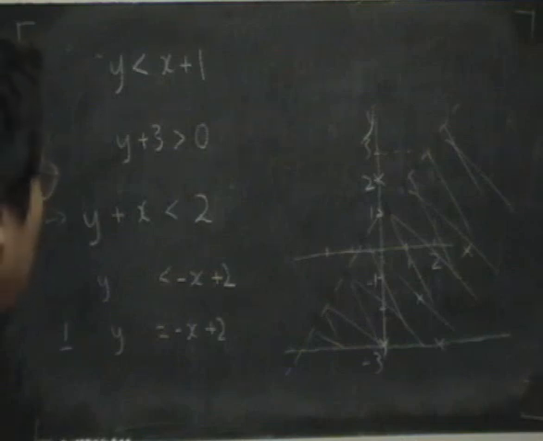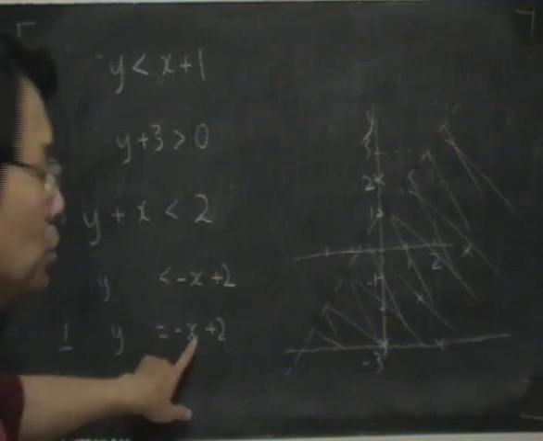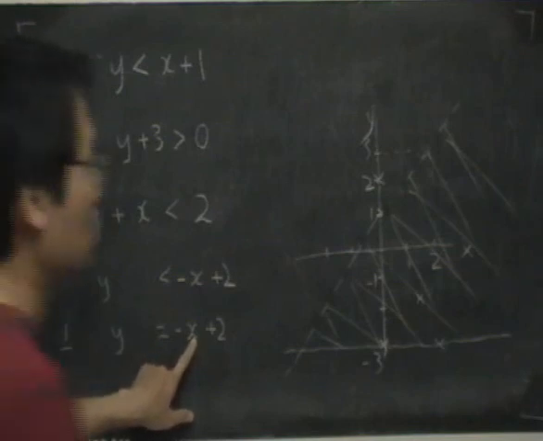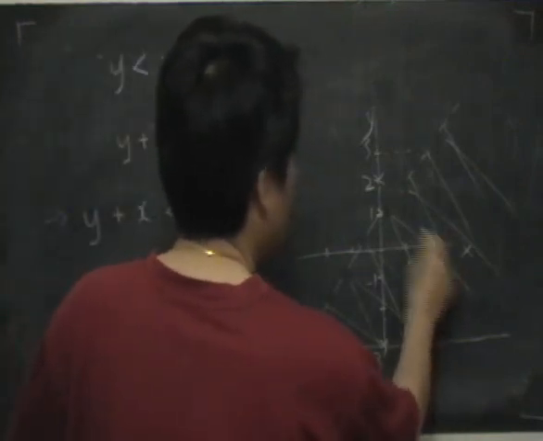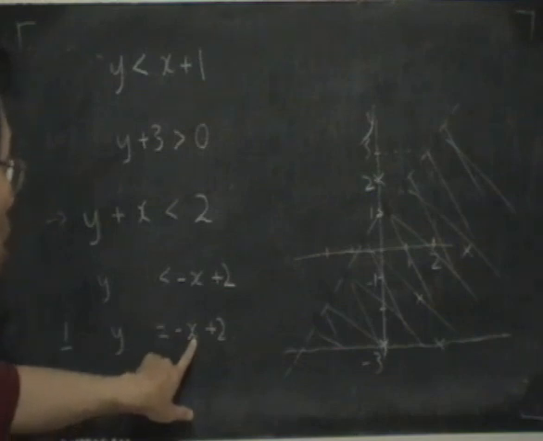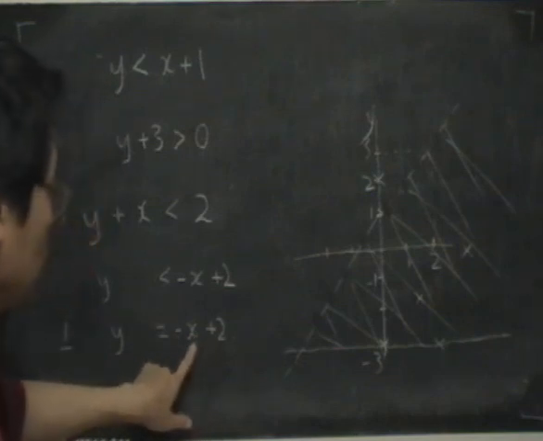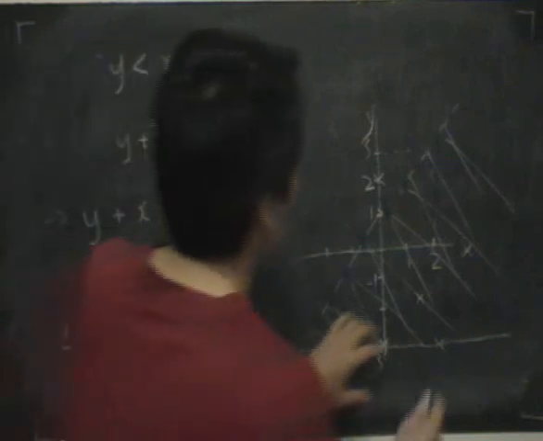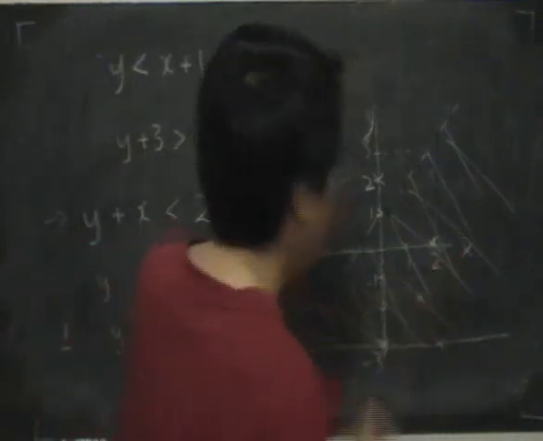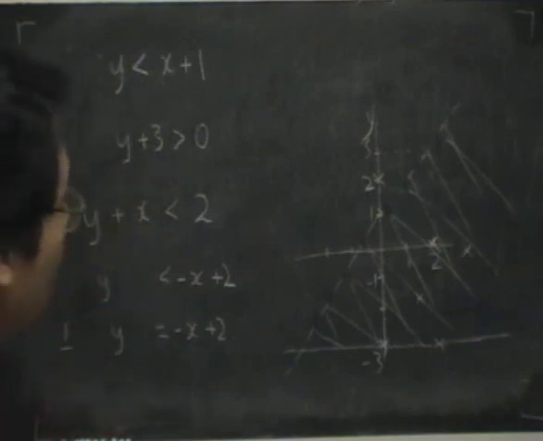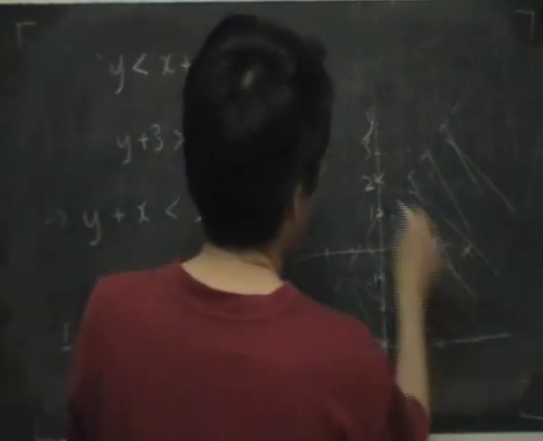So let me pick, say, x equals 2. Okay, x equals 2 is down here. Now, minus 2 plus 2 is 0. So when x is 2, y is 0. So the next point is that. I have my 2 points. I can draw the line.